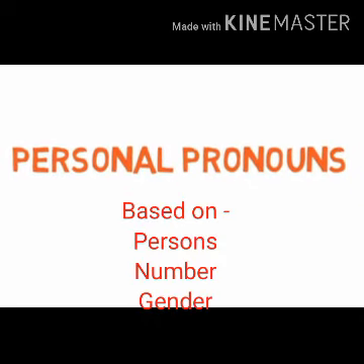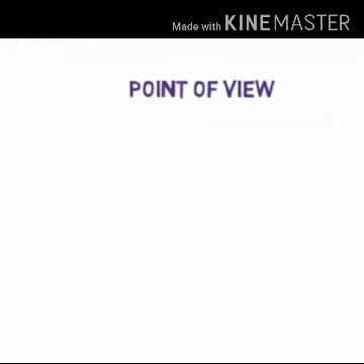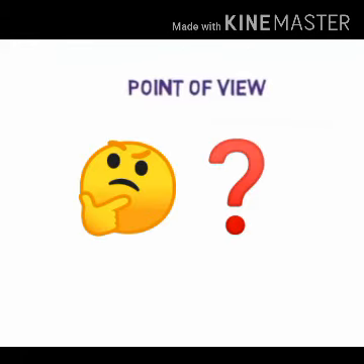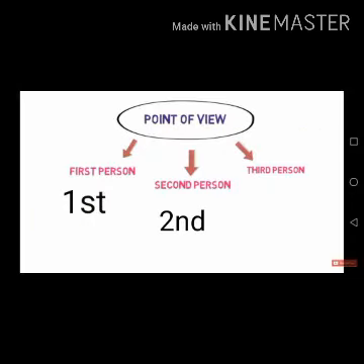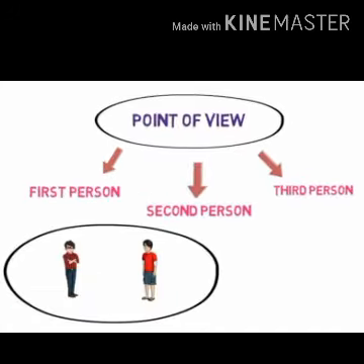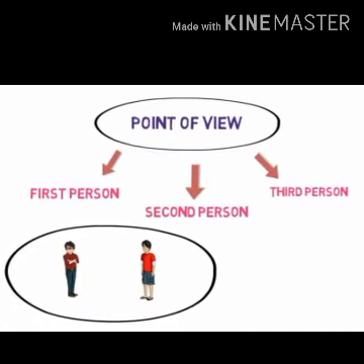Personal pronouns are firstly divided based on point of view. Now you would be thinking, what is a point of view? Children, basically there are 3 points of view in the English language: first person, second person, and third person. Let me explain this with an example. Imagine Shiv and Surya are in a room.